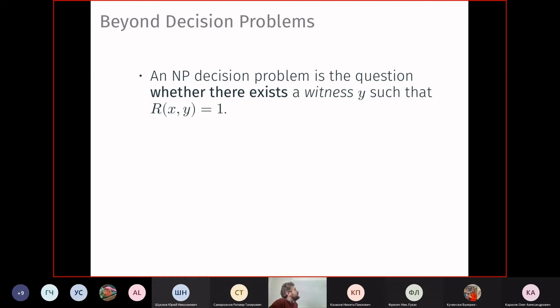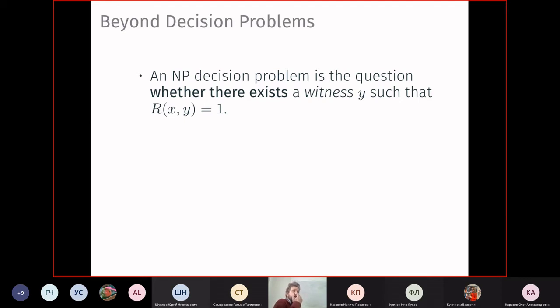And for NP decision problems, its extensions are not that easy. So here we use the second definition of the NP class, which is called the witness or hint definition. So the NP decision problem is the question whether there exists a witness y such that R of x,y is 1.